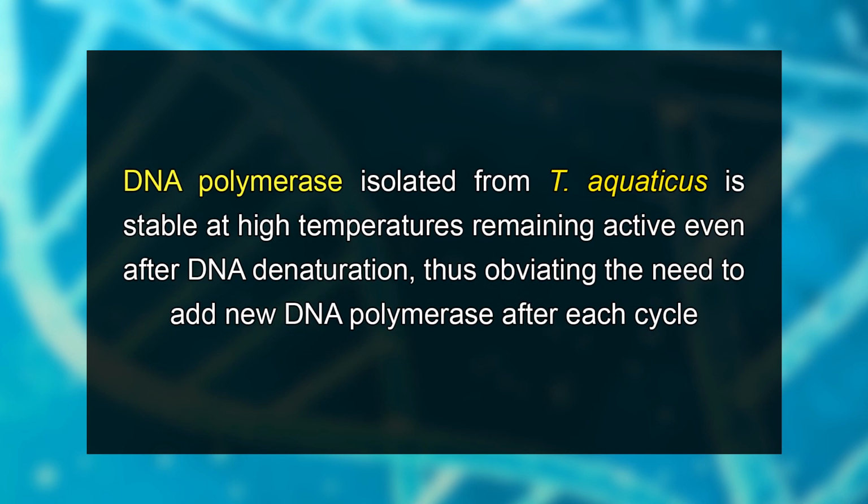The DNA polymerase isolated from Thermus aquaticus is stable at high temperatures, remaining active even after DNA denaturation, thus obviating the need to add new DNA polymerase after each cycle. This allowed an automated thermocycler-based process for DNA amplification.